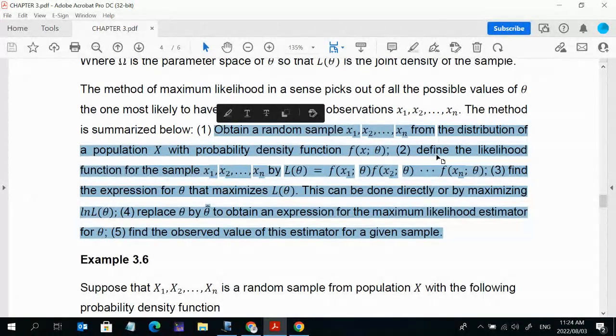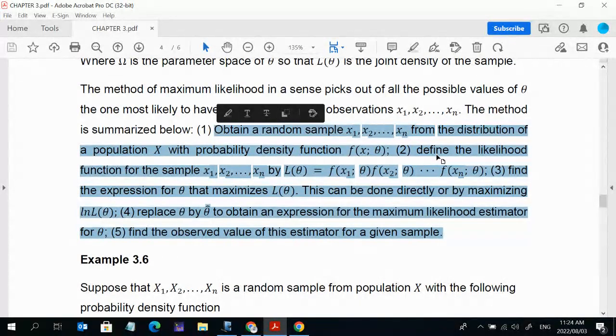When we have the likelihood function, we find the expression that maximizes it. This expression is the statistic.